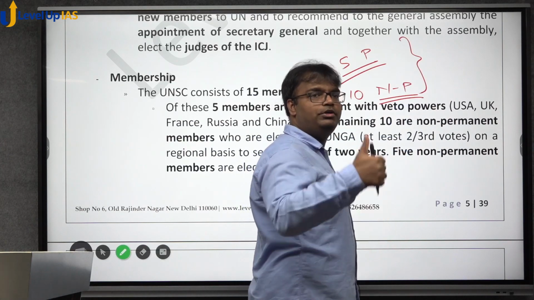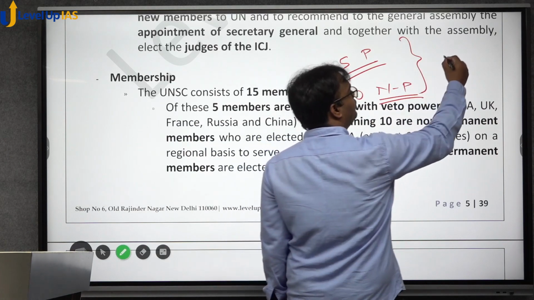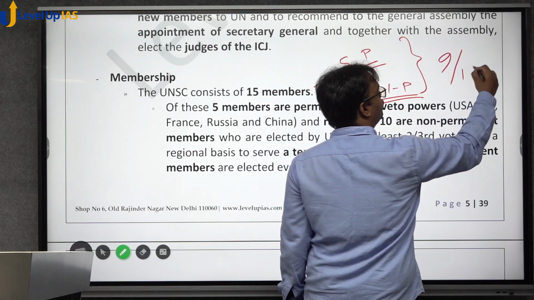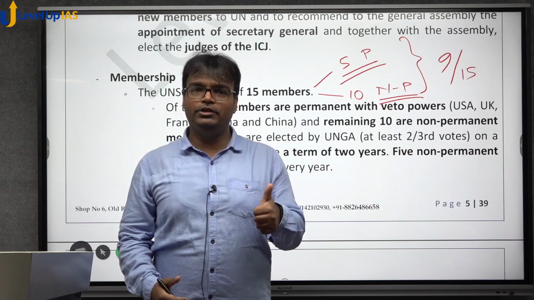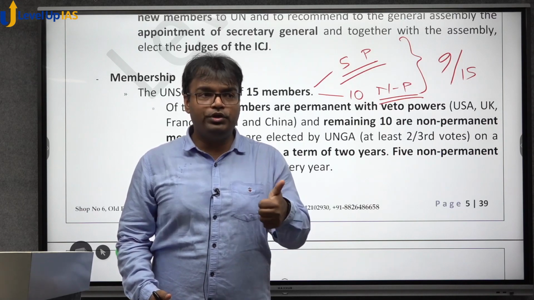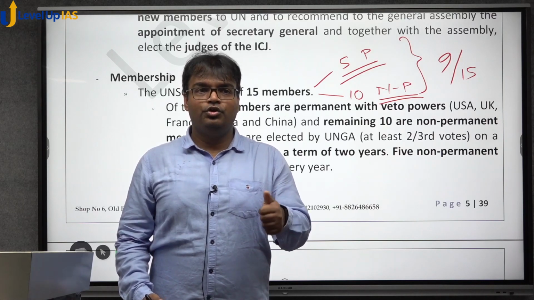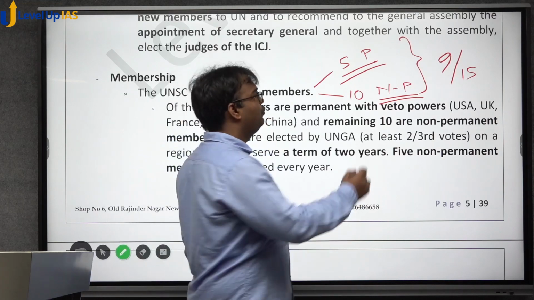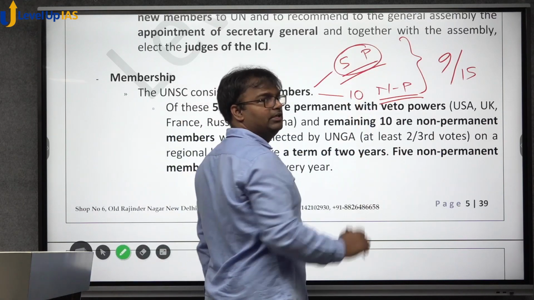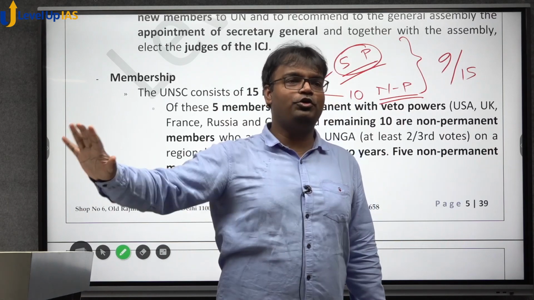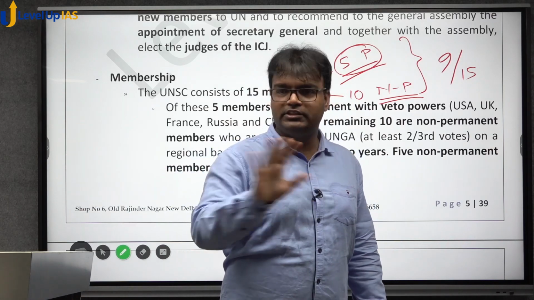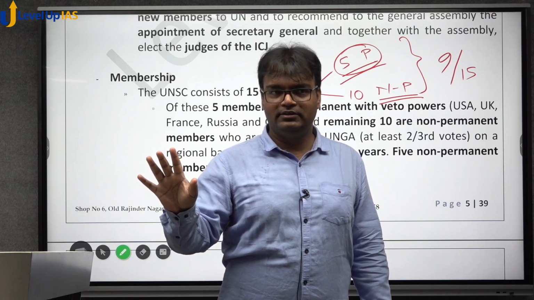For any decision to be approved, you should have 9 out of 15 support. The 9 out of 15 members should agree to that decision, including no veto from any of the P5 members. If any one of the P5 members says no, and even if all other 14 members are saying yes, that decision would not be passed.